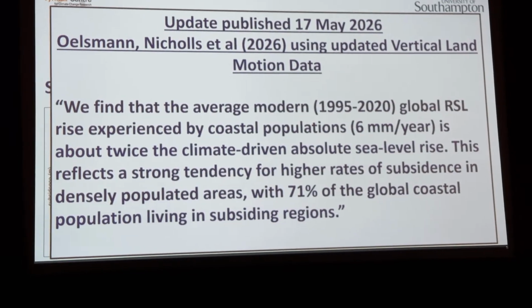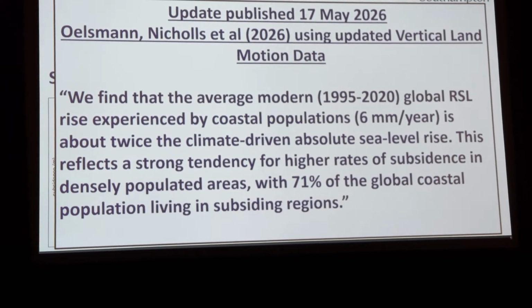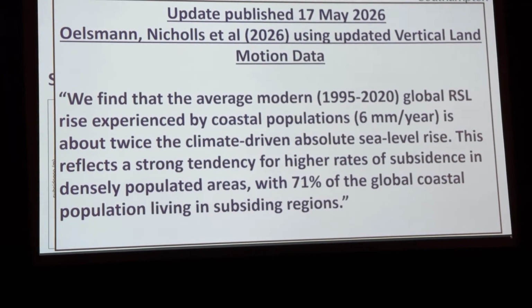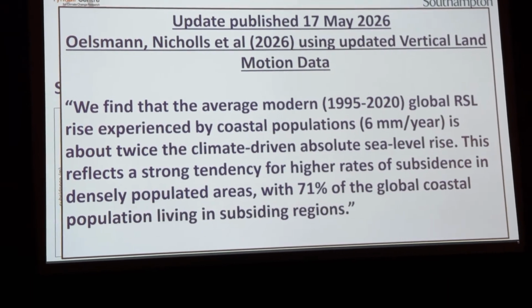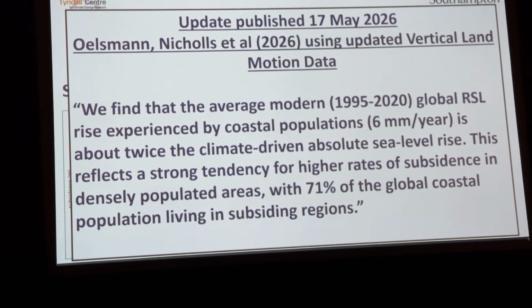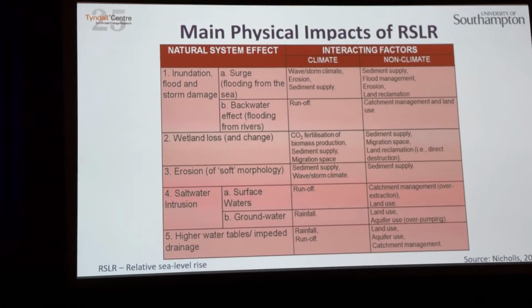We've just got, hot off the press this week, a paper published where we repeated this analysis with much better data, and we find that the answer really stands up quite well with this improved data. So people tend to live in subsiding areas, and that's quite an important point to think about.